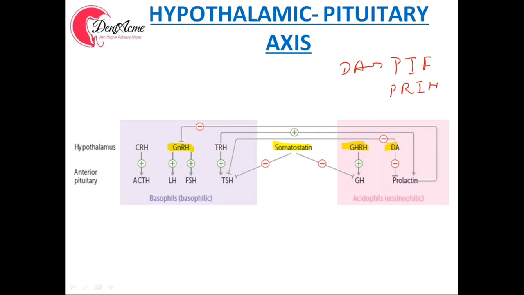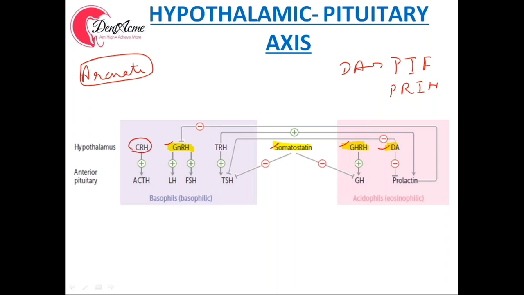These four hormones from the hypothalamus, which I have just highlighted, are formed from the arcuate nucleus. Growth hormone releasing hormone, gonadotrophin releasing hormone, somatostatin, and dopamine are secreted from the arcuate nucleus of the hypothalamus.